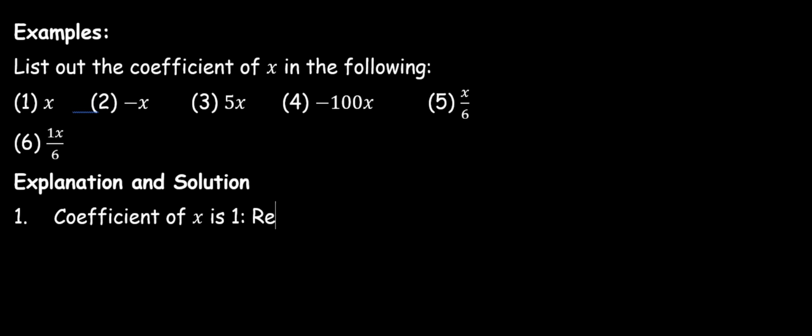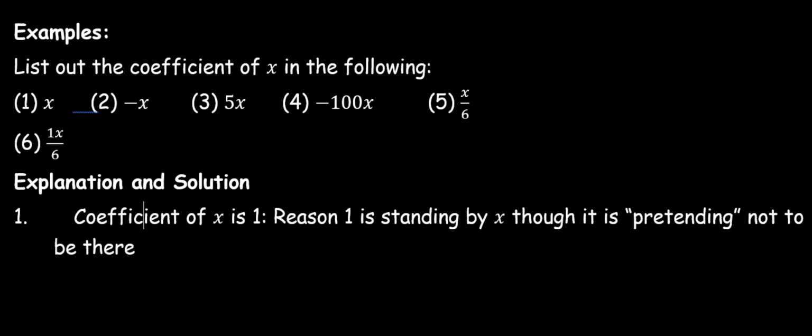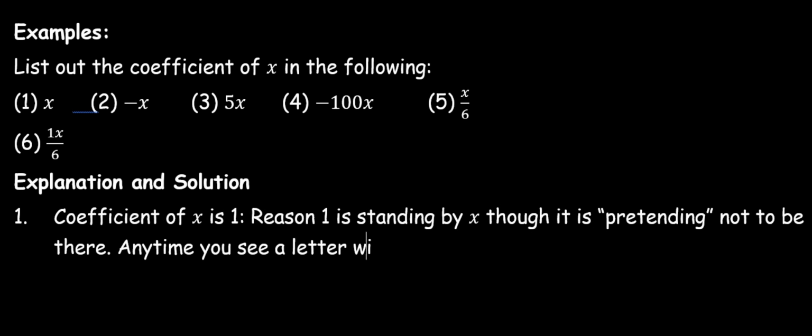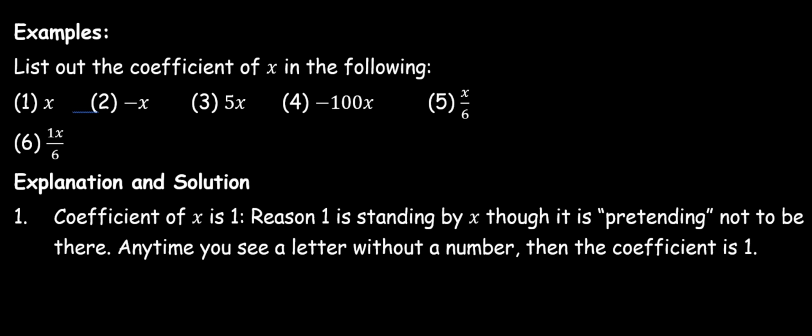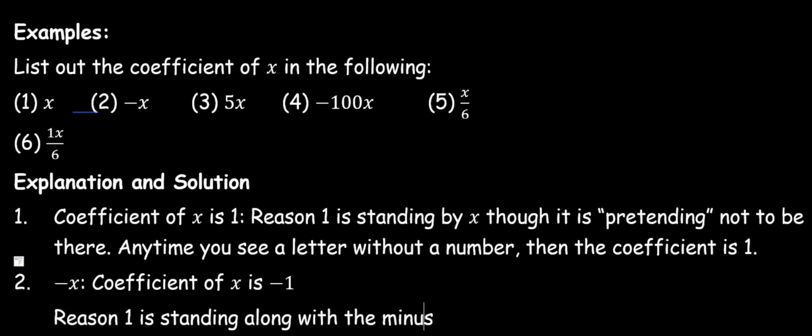Reason: 1 is standing by x, though it is pretending not to be there. Anytime you see a letter without a number, then the coefficient is 1. Number 2. Minus x. Coefficient of x is minus 1. Reason: 1 is standing along with the minus, though it is pretending not to be there.